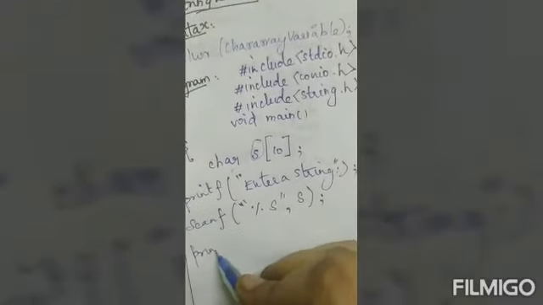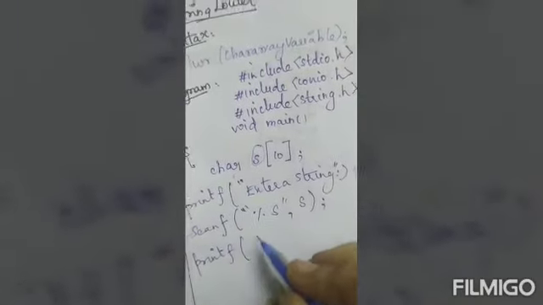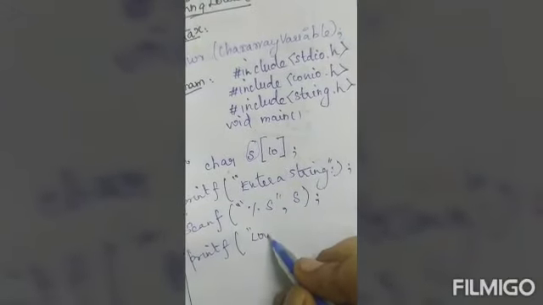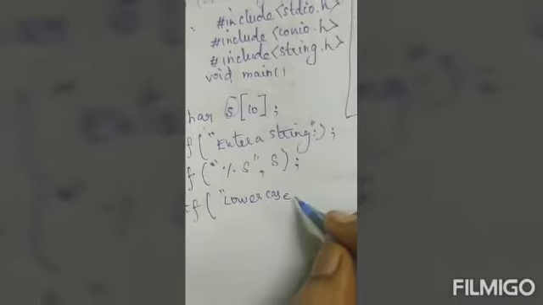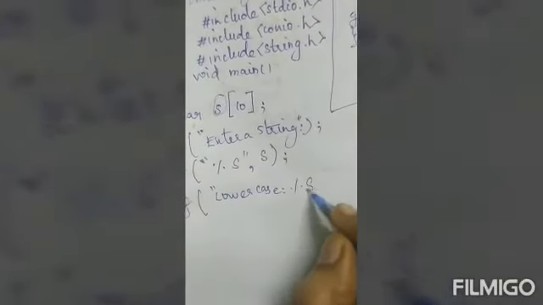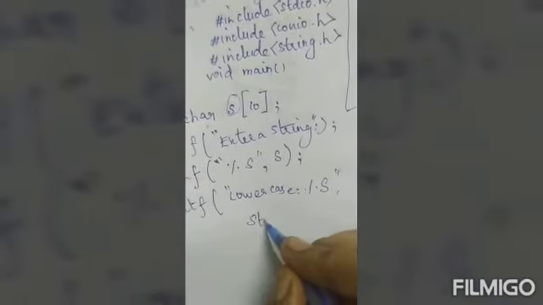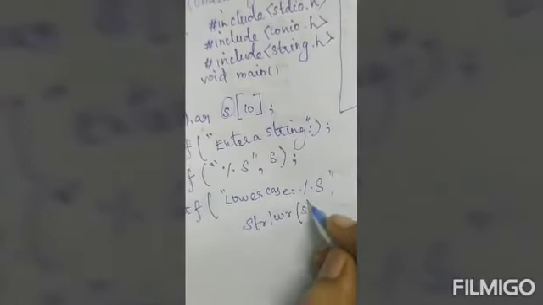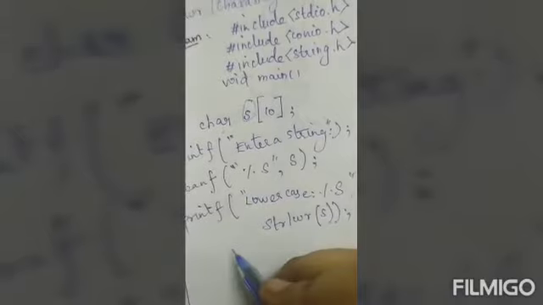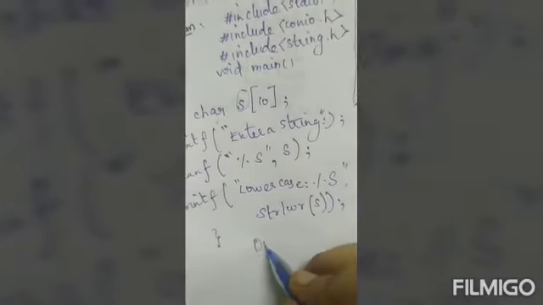Now my printf statement is for string lower, so I am giving lower case because it should be displayed in the output. So I am giving the full name %s, comma, now comes the shortcut strlwr and the variable also, semicolon. Close my curly braces.